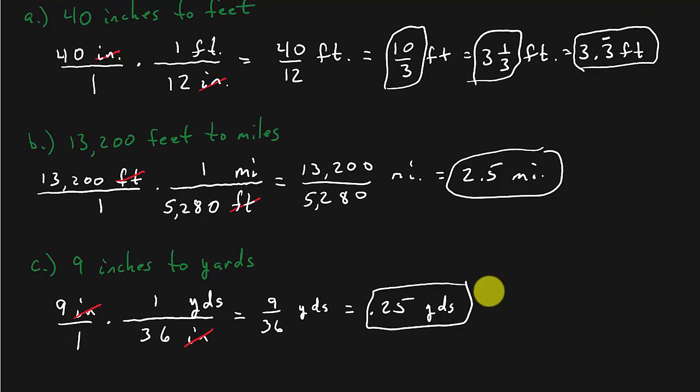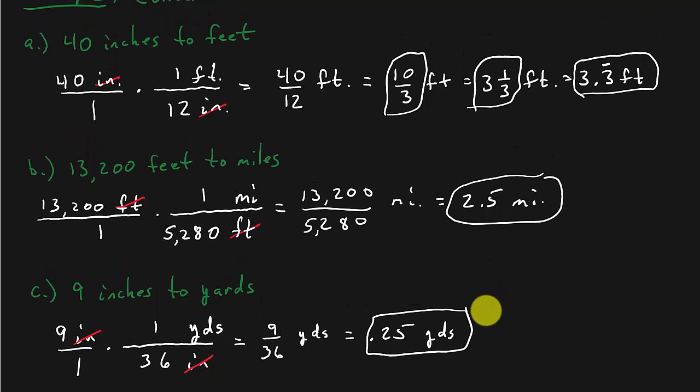So let's look at that. So you can see here that inches is a smaller unit than feet. And see how we started out with 40 and we ended up with 3.3. We ended up with a smaller number. That's what they're talking about. We're going from a smaller unit to a larger unit. And same thing here.